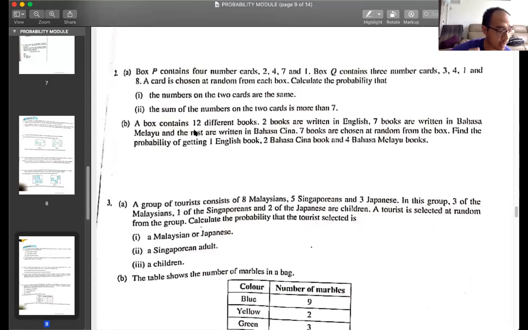Then in order for you to choose 1 English book, since there are 2 books in English, it's 2C1. 2 Bahasa Cina books, Bahasa Cina is how many? 3, so 3C2. 4 Bahasa Melayu books is 7C4. Then when you get all those together, then you multiply, then divide by the sample space.